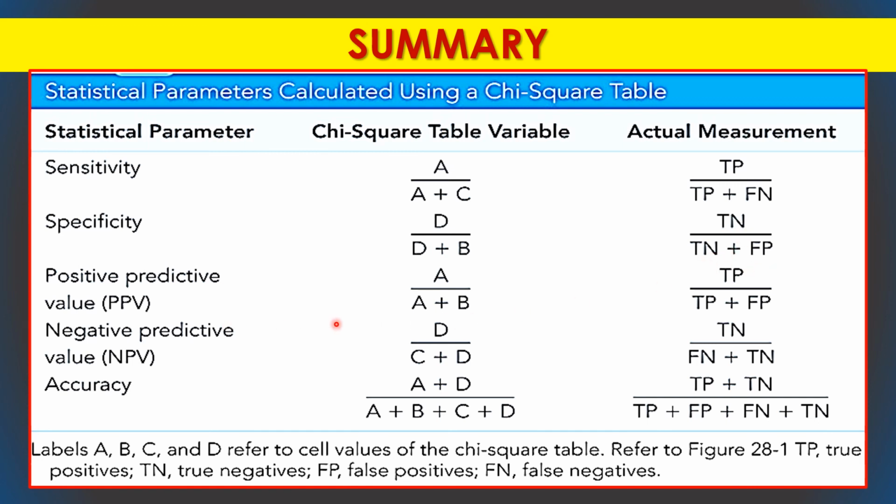The positive predictive value, in the horizontal direction, is the true positive divided by true positive plus false positive. The negative predictive value, in the opposite direction, also horizontal, is the true negative divided by the false negative plus true negative. And then you have the accuracy, the true positive plus true negative divided by all the four squares. This is the summary of all the chi-square.